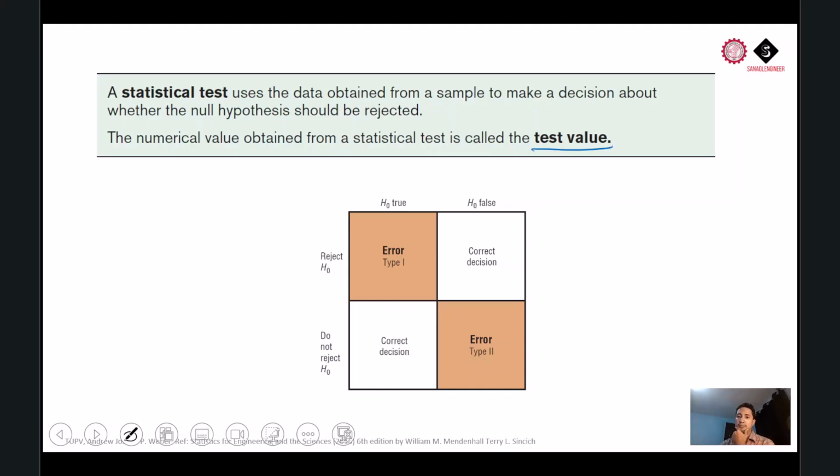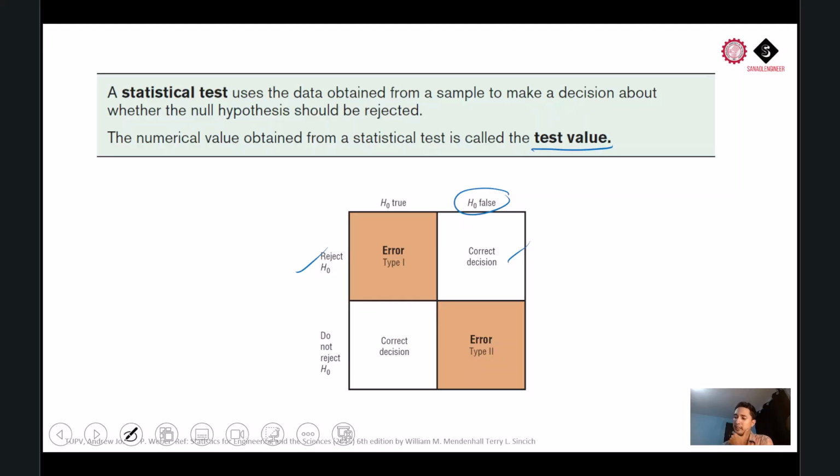So there are four possible outcomes when you do hypothesis testing. Either you get the correct decision or you commit an error. For a correct decision, it's either the null hypothesis is false and you rejected the null hypothesis, so you made the right decision.